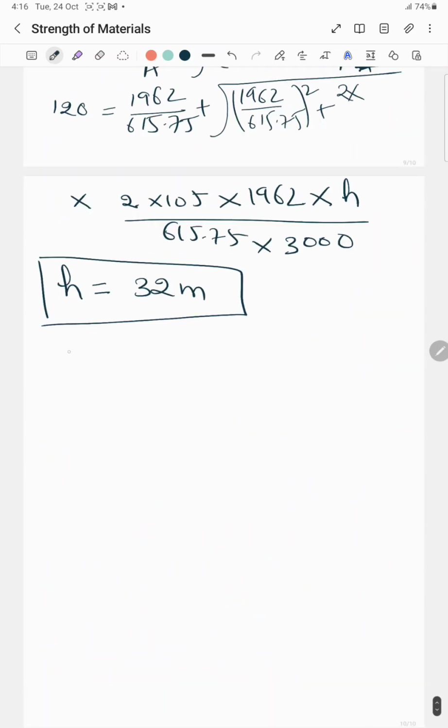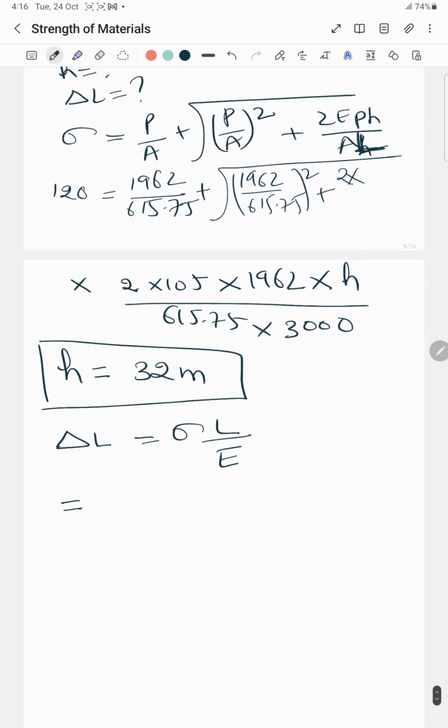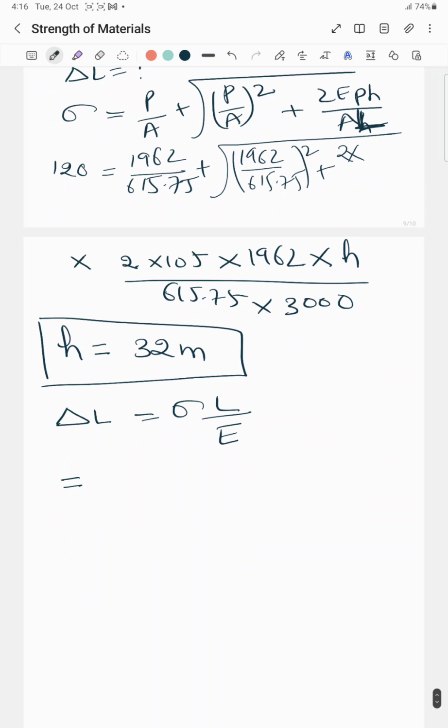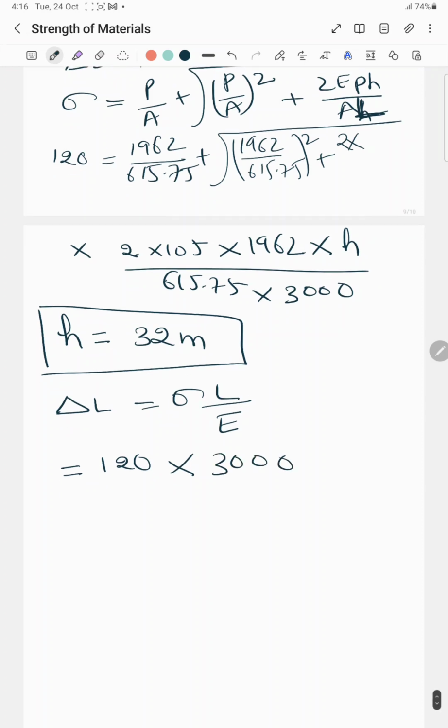We know that elongation is the change in length, that is delta L is equal to sigma L upon E. Sigma is 120, given in the question, into L which is 3000, and E is 2 into 10 to the power 5. So we'll get around 1.8 mm.